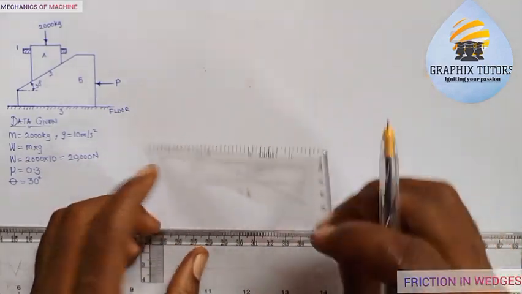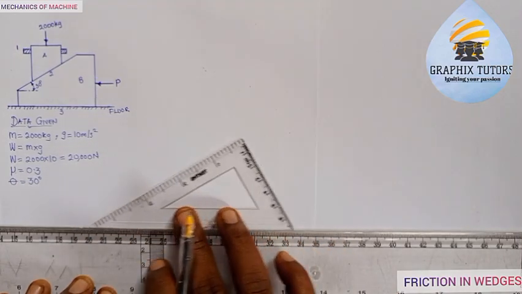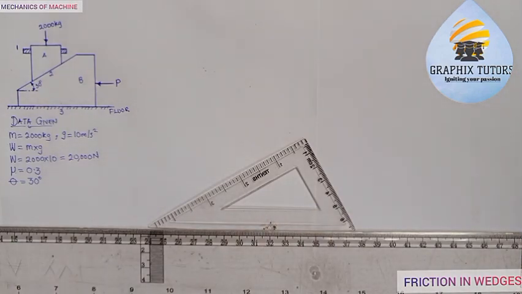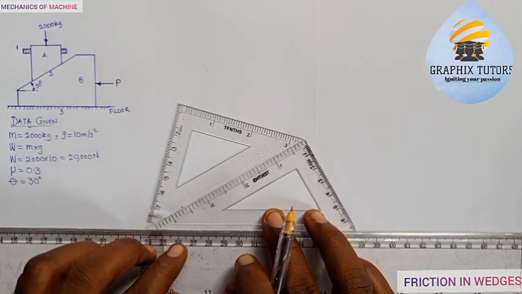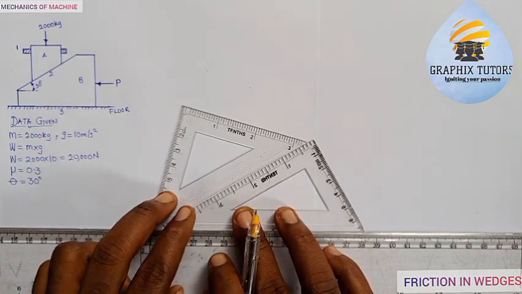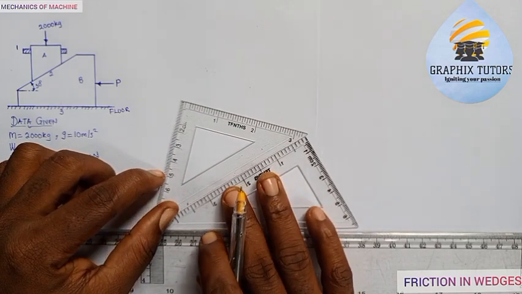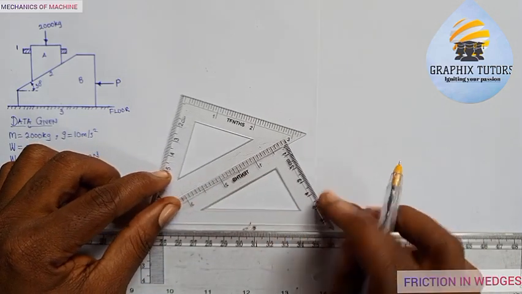Let me call the set square the wedge B, that is moving in this manner. And let me call the other set square here wedge A. Now what do you notice? If this is moving in this manner, it means that this will be going upward as I'm applying the force here.